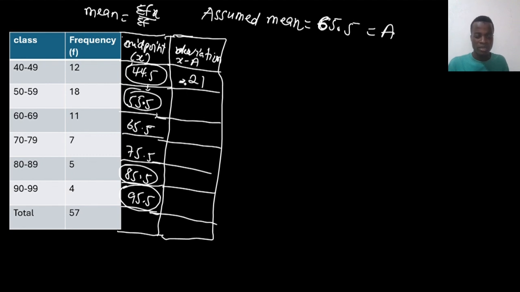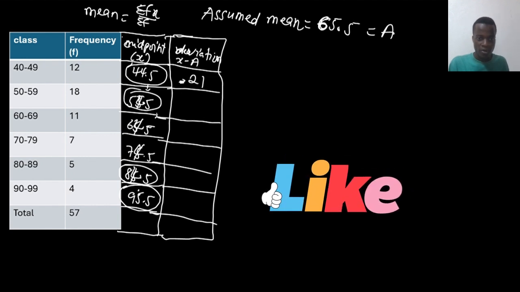Negative 21. Then what do I have again? 51, right? Let me see. 54, 55.5. This one, are they 65 or no? 50 plus this thing should be, oh, they should be 54, right? 54, 64, 74, 84, 94.